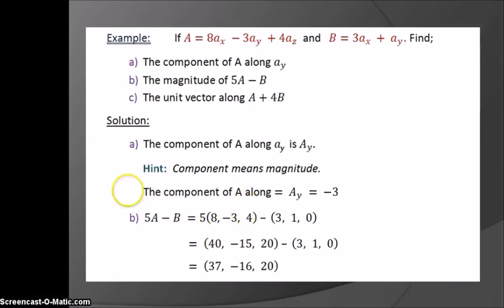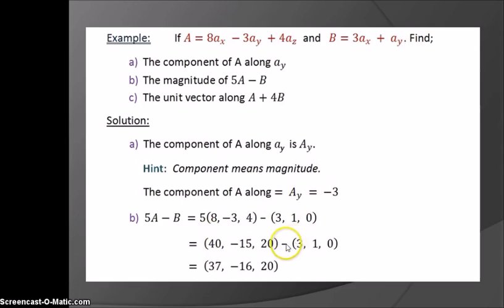So 5a would be 5 times a, -3, 4, which equals 40, -15, 20, minus b, and our b is 3, 1, 0. This 0 is because az has no magnitude, so it's 0.